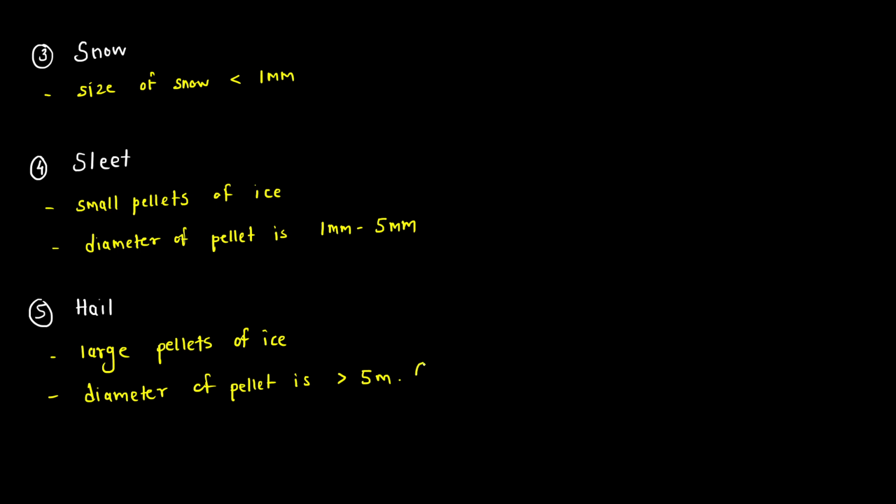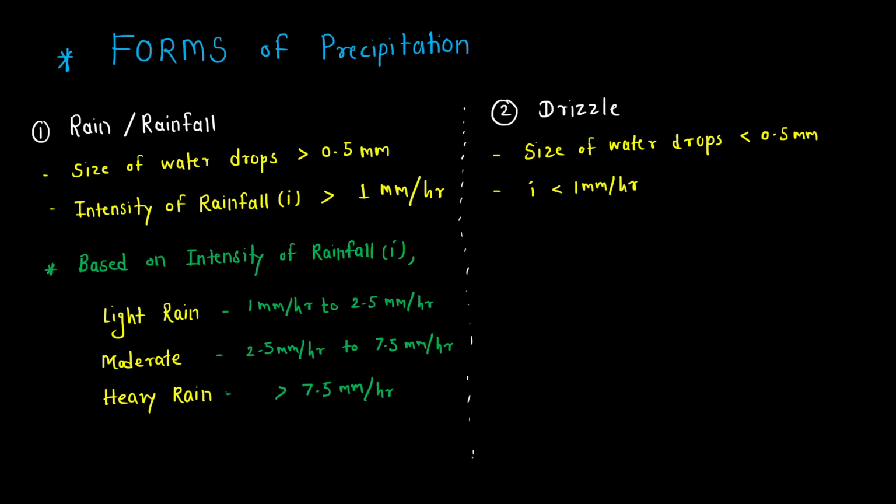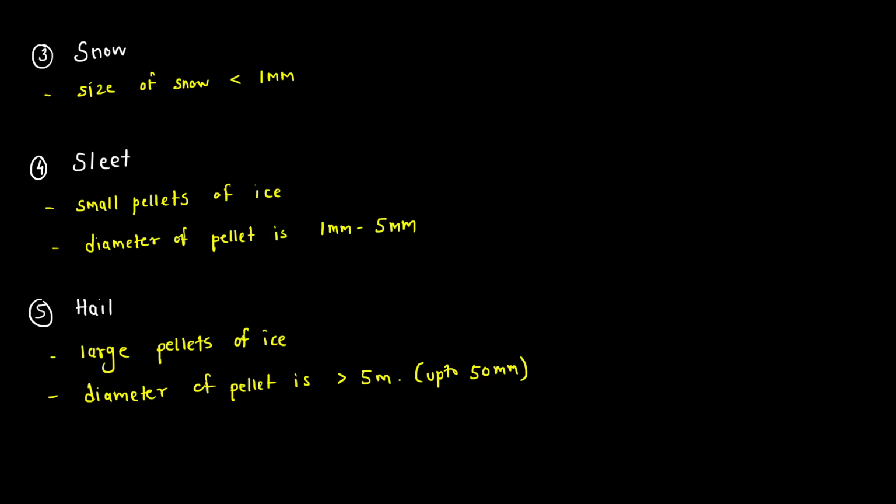You can write it up to 50 mm. So this is about the hail. So these are all the forms of precipitation. This technical specification you should know. This is the only important thing in this case. Rest all things are covered in this only.